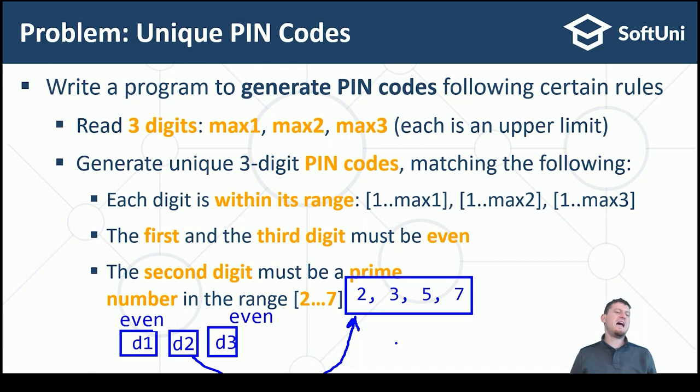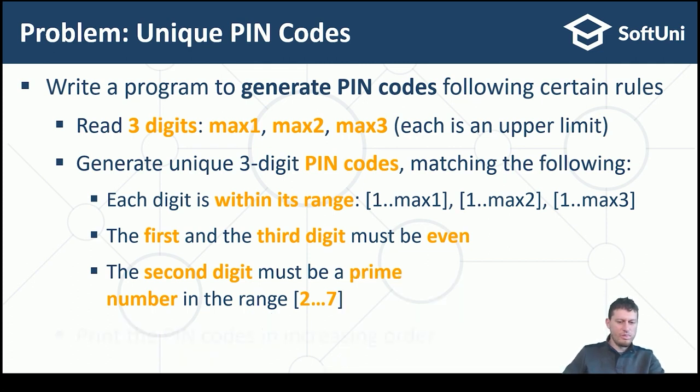So we need to have 3 nested loops from 1 to max 1, from 1 to max 2, and from 1 to max 3. And we need to check whether the first is even, the second is 2, 3, 5, or 7, and the final D3 is an even number.